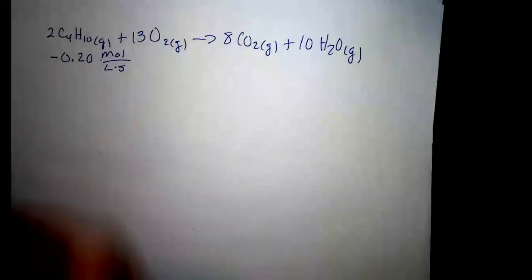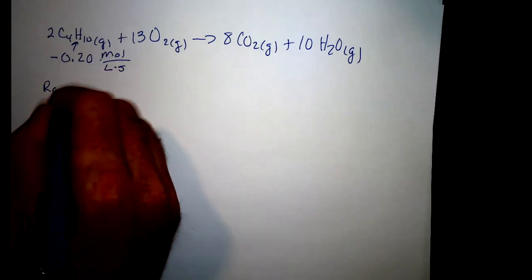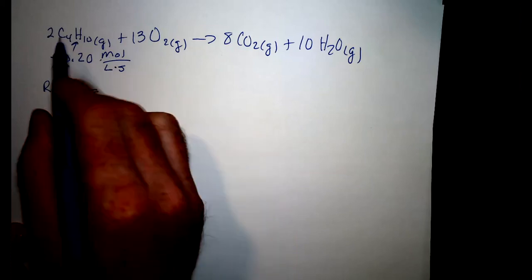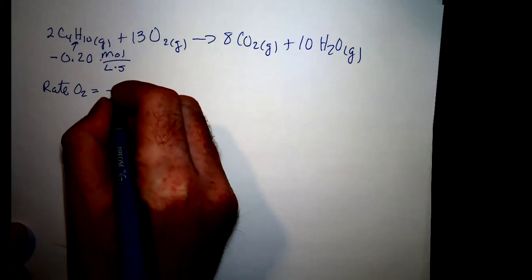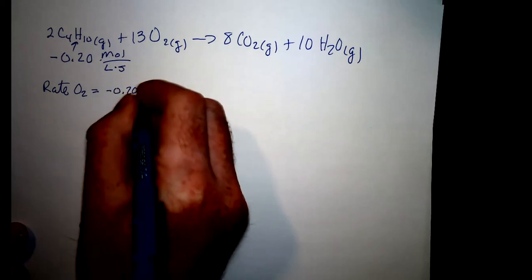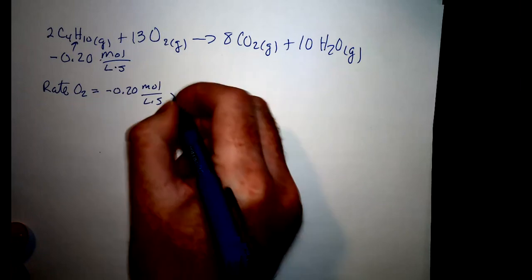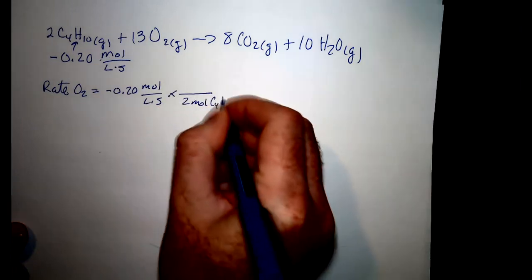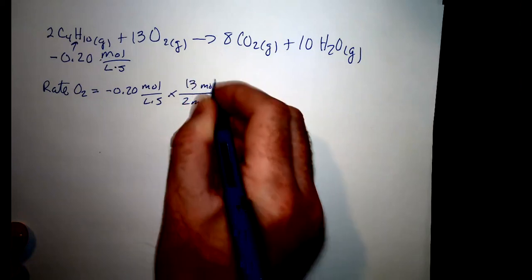And so if this is the rate the butane is being consumed, what about the oxygen? So the rate for the O2, I'm going to have to do a little stoichiometry. So I'm going to say negative 0.20 moles per liter per second of butane. And we're going to have 2 moles of C4H10 to 13 moles of O2.